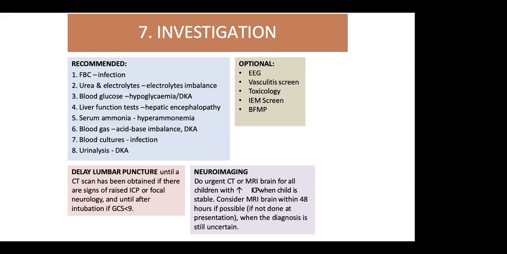And lumbar puncture is an important investigation in this case because we can look for evidence of meningitis or encephalitis. However, we must delay the lumbar puncture until the CT scan result has been obtained, especially if there are signs of increased ICP or any focal neurological abnormality, because increased ICP is a contraindication for lumbar puncture because of the risk of cerebral herniation.